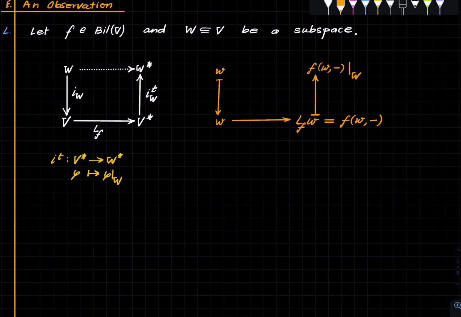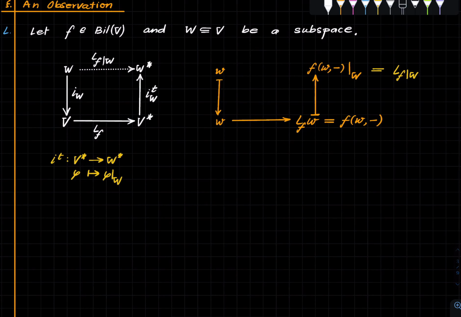All right. So if you just think about it, this is nothing but L_f of the bilinear form restricted to W. So this dotted map that I've drawn is nothing but L_f of the bilinear form restricted to W. This is basically what I wanted to say.